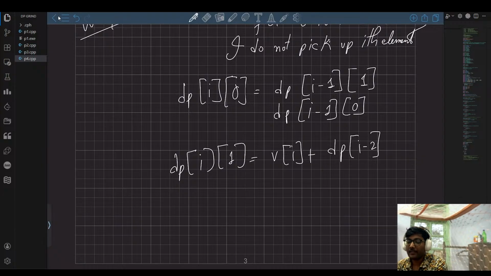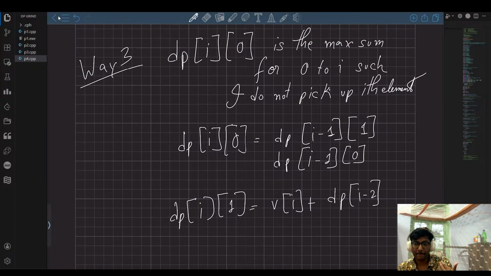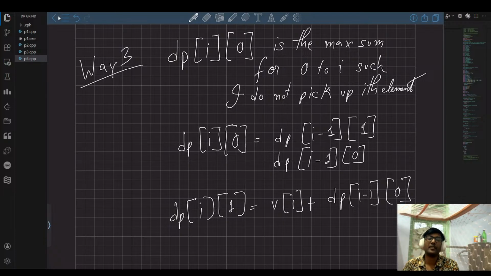Say that I have decided to pick this up. So it's like I 0 can be I minus 1, 1 or 0. And if I have decided to pick up this ith element, I think I should say, okay, let's not go back to I minus 2. I can say that I minus 1, I'm definitely not picking up, because I minus 2, I don't know.